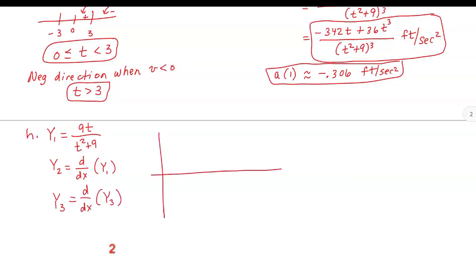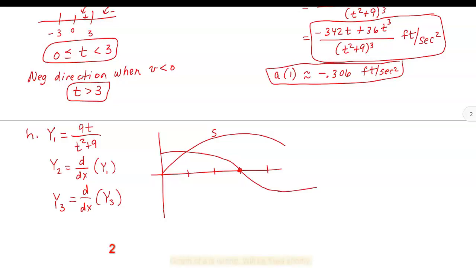The graph will have the original position function, s, and the velocity function. Remember, we know the particle's going to change directions at 3. So velocity starts off positive, and then it goes underneath the x-axis.